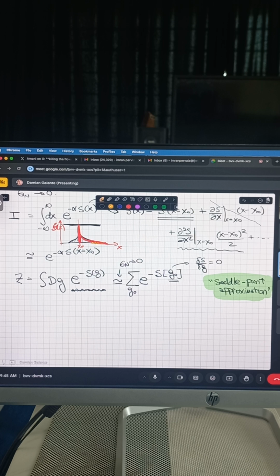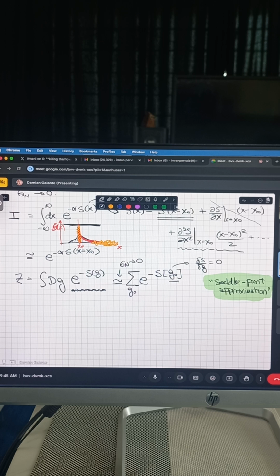All the area in here, even if the function is doing crazy things, doesn't matter because it will integrate to something much less than this part. That's the idea.